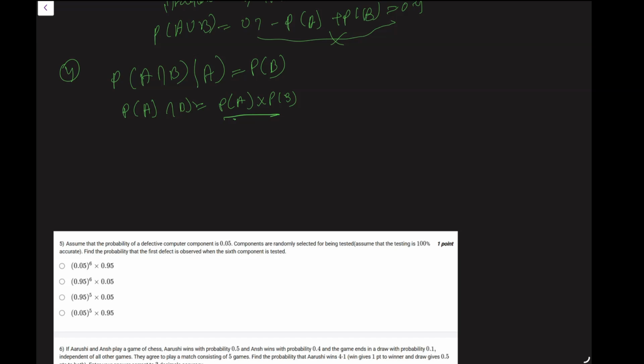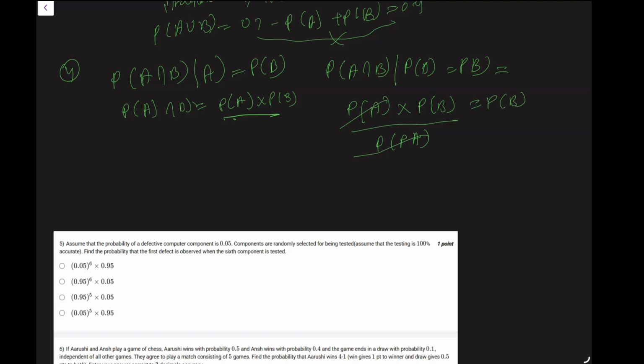The conditional formula is: probability of A intersection B, given that A already happened, is equal to probability of A times probability of B over probability of A, because this is conditional probability. So this and this get canceled, and your final answer is equal to P(B).